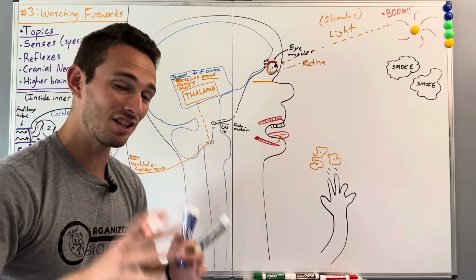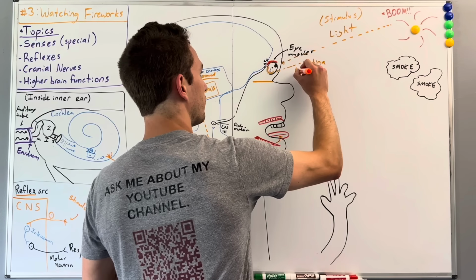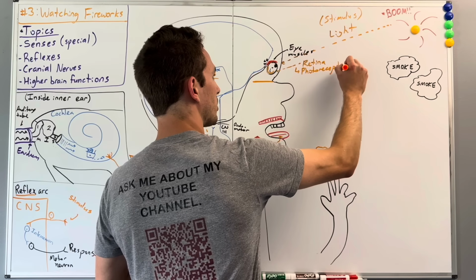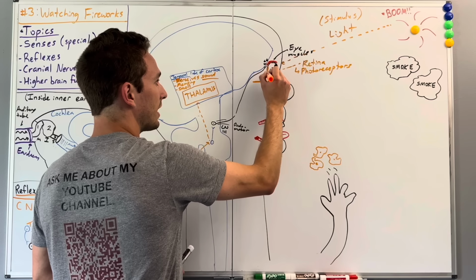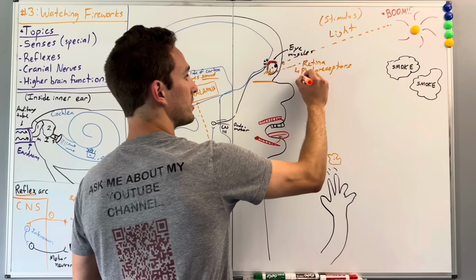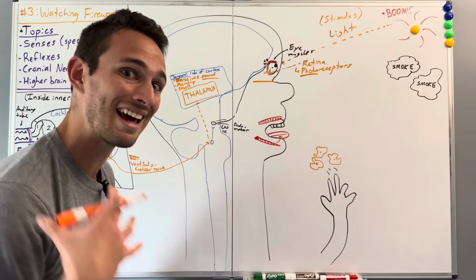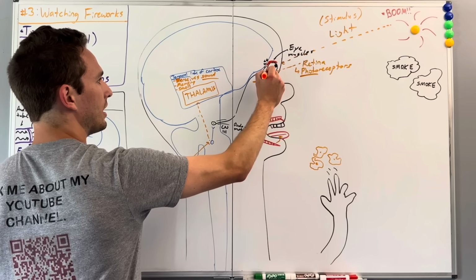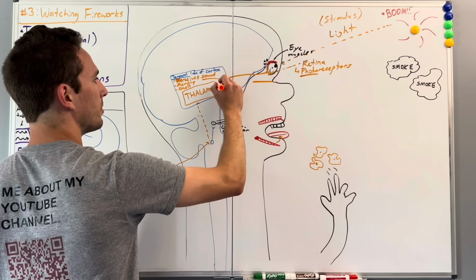This contains sensory neurons that have photoreceptors inside of them. So these are sensory neurons, once again, detecting things, and they're going to detect photo, that's light. From there, this is going to travel down a nerve to the thalamus as always.